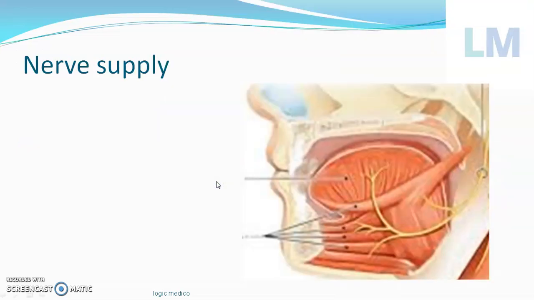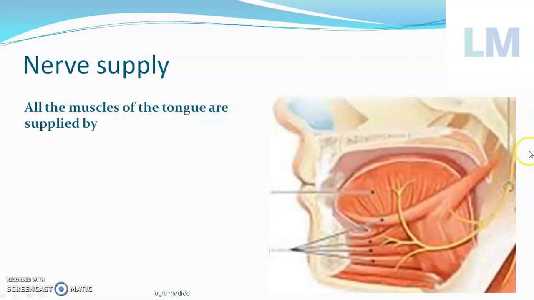Come to the nerve supply of this muscle. It is supplied by one of the cranial nerves which passes below the tongue, called the hypoglossal nerve. Hypo means below, glossal means tongue, nerve means axon, part of a neuron. Hypoglossal nerve is the 12th cranial nerve. In fact, all the muscles of the tongue are supplied by this same nerve, the hypoglossal nerve or 12th cranial nerve, except one muscle.